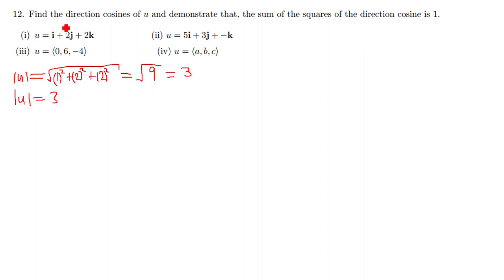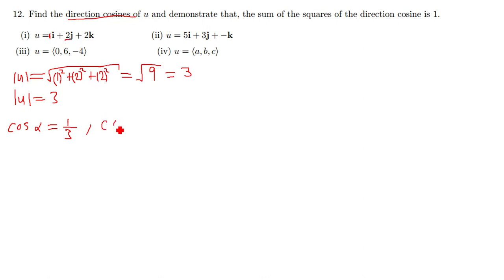So from there now we can write our direction cosines. Cos alpha will just be equal to a. My a here is simply 1, the coefficient of i. So the first direction cosine will be 1 over 3. Then the other one, you get your b there, which is 2.